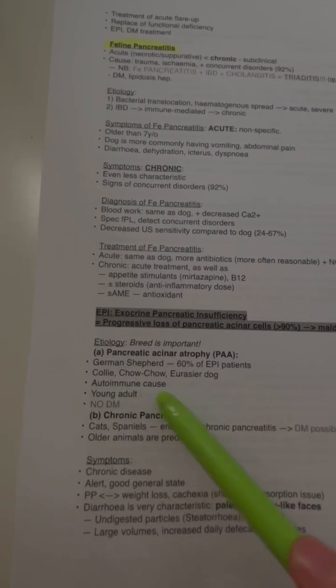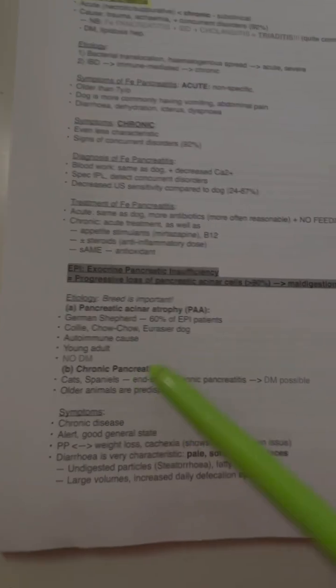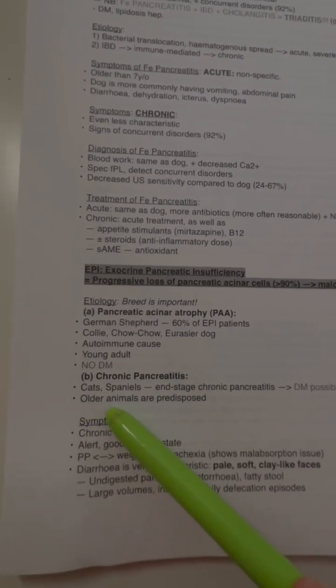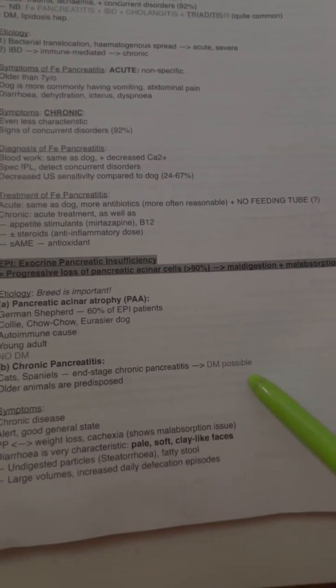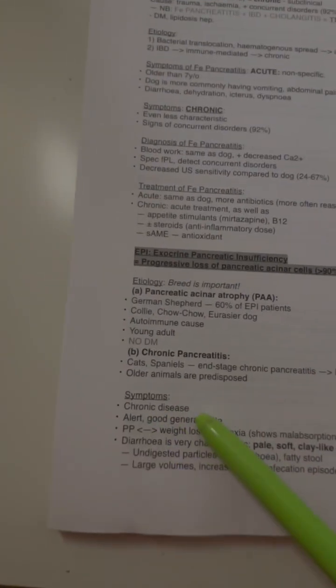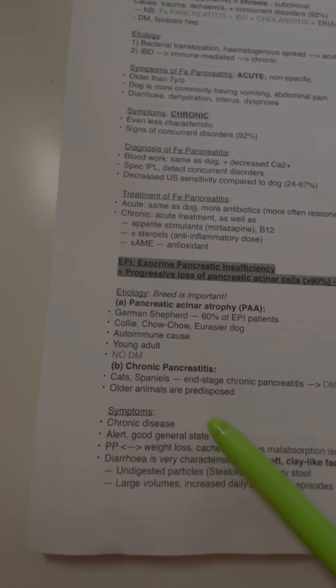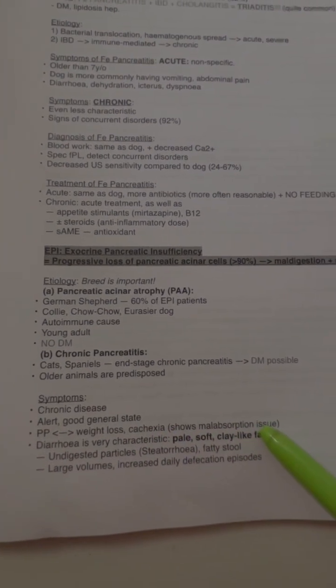This is an autoimmune disease and it can affect young adults, but there's no diabetes. In chronic pancreatitis, cats and spaniels are more affected, and diabetes is possible in end stage, and older animals are predisposed. It's a chronic disease, and it results in weight loss and cachexia due to the malabsorption issue.